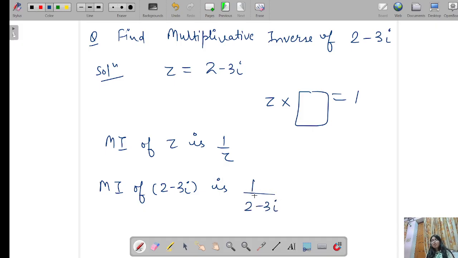Alright, and I have already told you the imaginary part will not come in the denominator. What we are going to do is rationalize it. This will be like this. I am going to rationalize it. I have only changed the sign of the imaginary part and am multiplying and dividing.